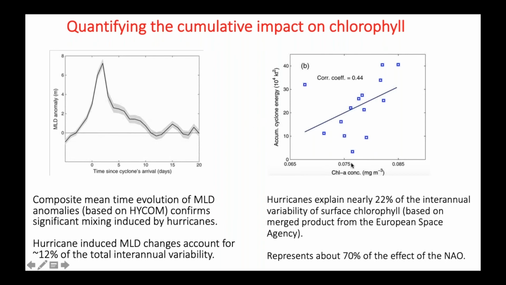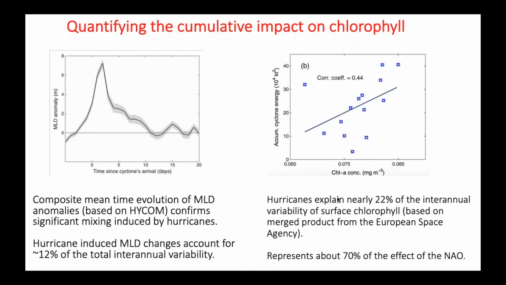This is very well correlated with chlorophyll concentration over the Sargasso Sea. Over the period of analysis, the correlation is approximately 0.44, which means that hurricanes can explain nearly 22% of the total interannual variability of surface chlorophyll in this region.